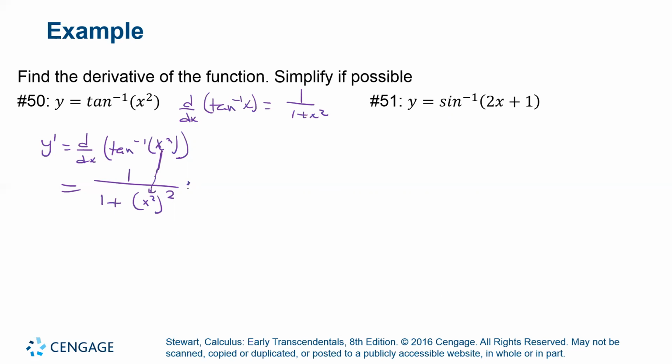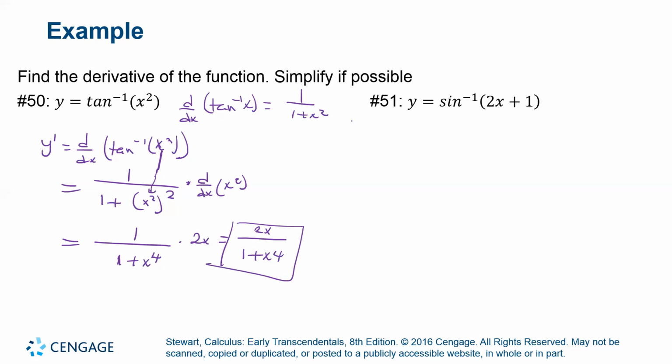Then because it is not just x, it is times the derivative of x squared. That gives you 1 over 1 plus x to the 4 times 2x. So the answer is 2x over 1 plus x to the 4.